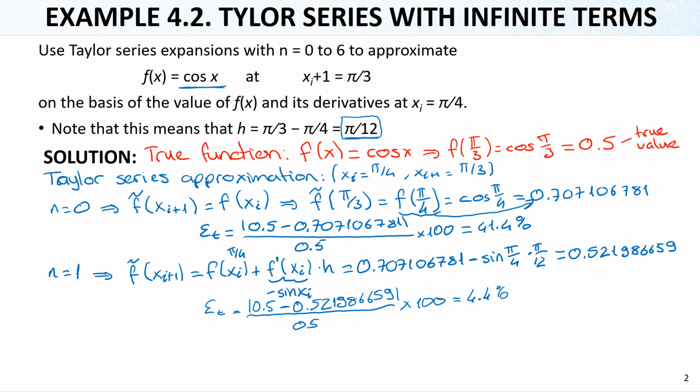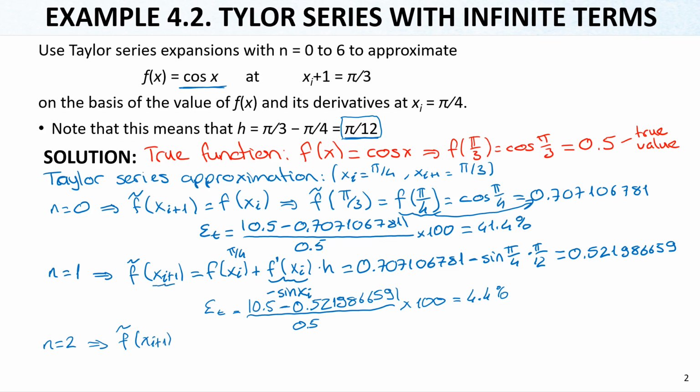You can see that we reduced the error below 5%, which is nice, but we can further reduce it by using n equals 2.